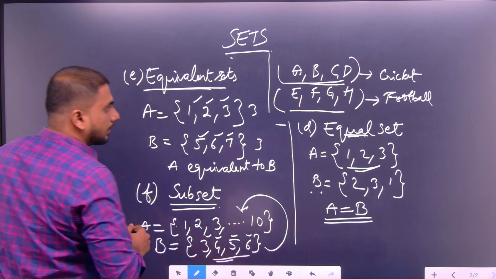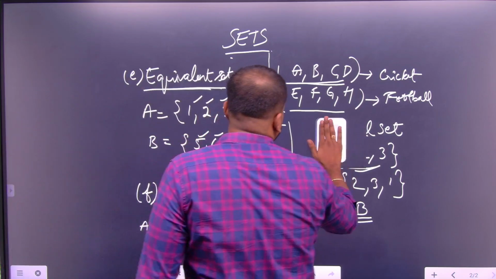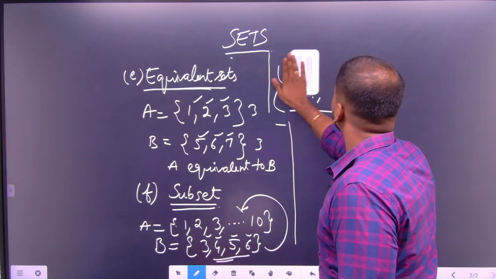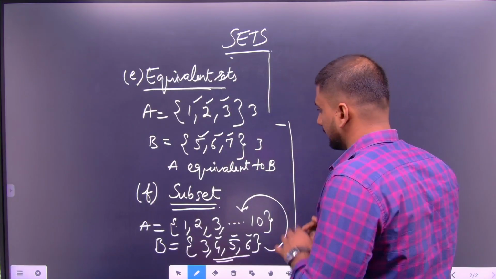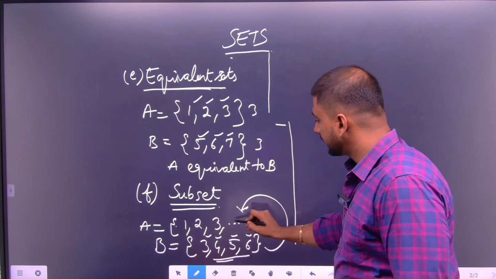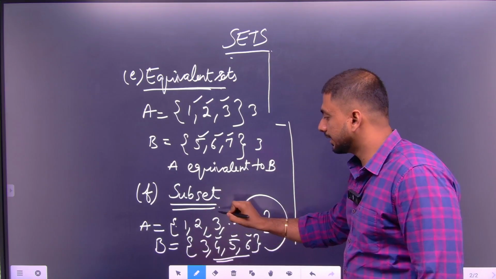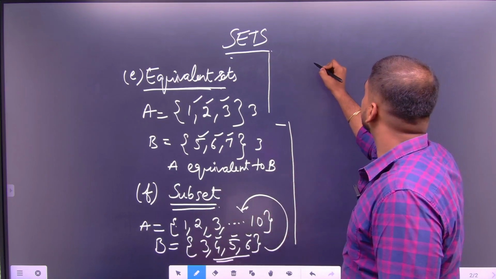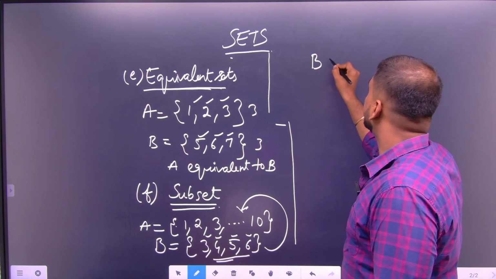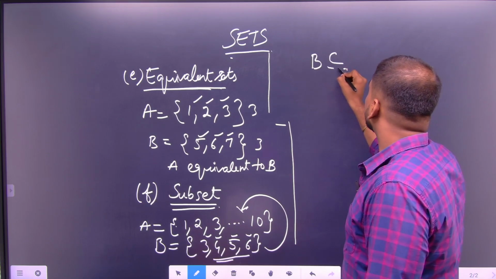Here, let me erase this part and explain over here. In our example, 3, 4, 5 and 6 are part of the set A as well. So this is denoted by, subset is denoted by B is a subset.